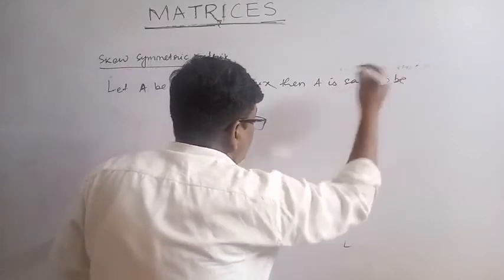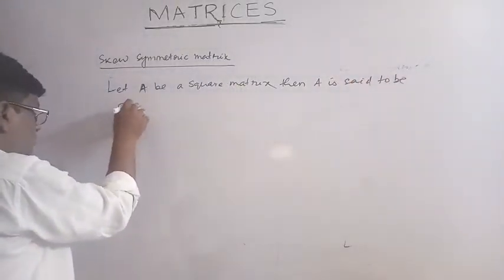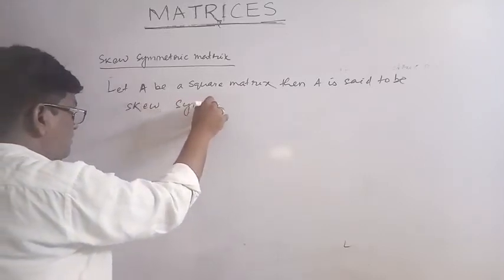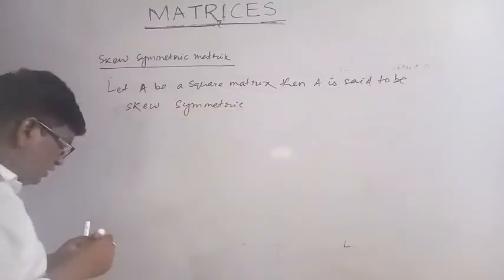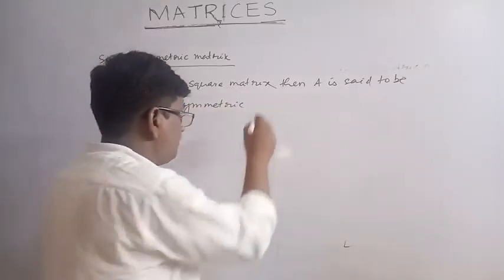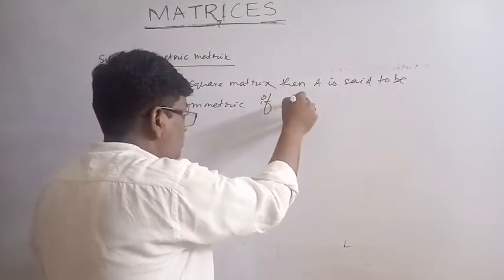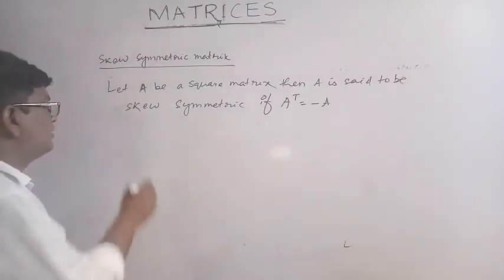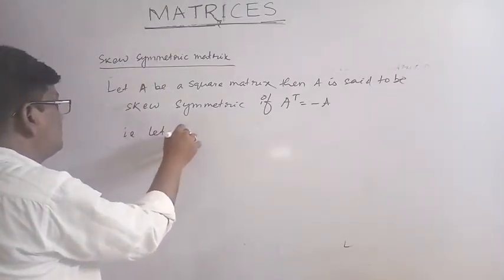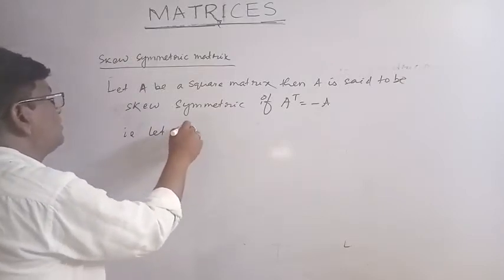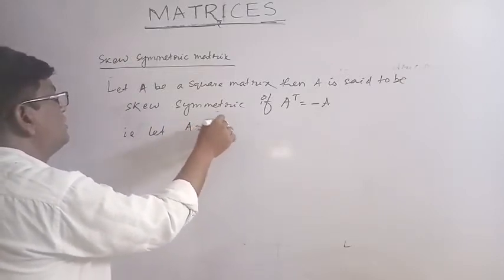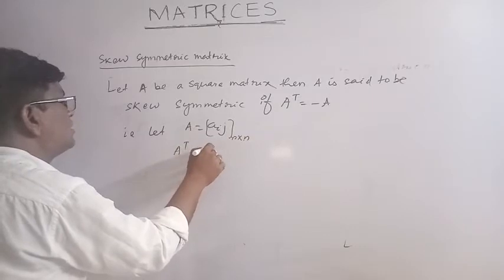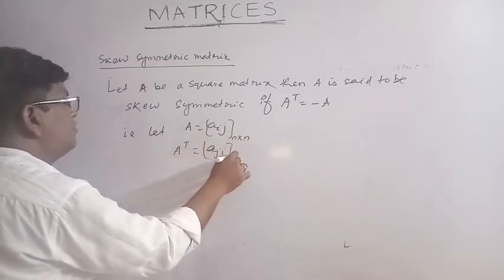A square matrix is skew symmetric if A transpose is equal to negative of A. That is, let capital A be equal to [Aij] of order n by n, and A transpose is equal to [Aji] of order n by n.